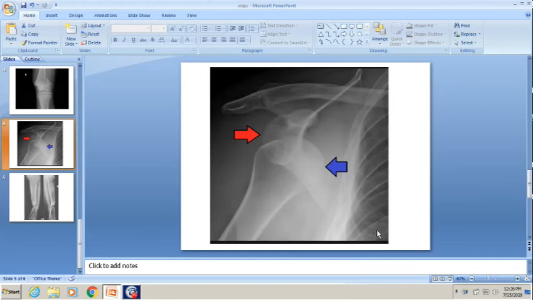So in shoulder dislocation there are some maneuvers to reduce it. Kocher's maneuver. What about Hippocrates? Hippocrates is just for historical importance. Nobody does Hippocrates nowadays.